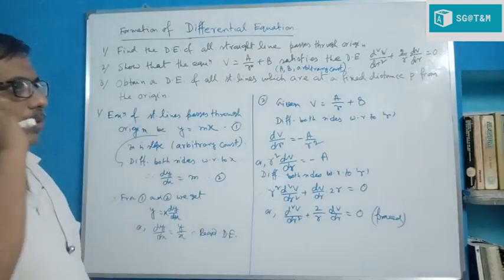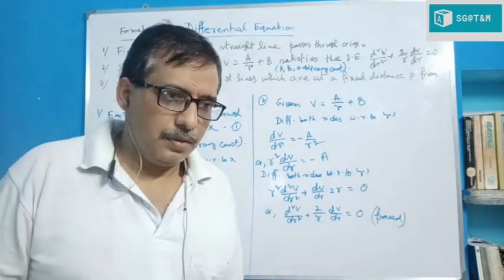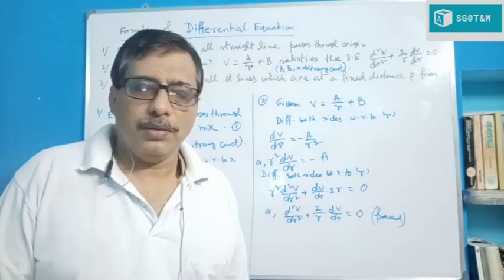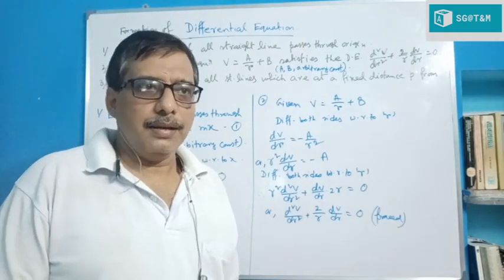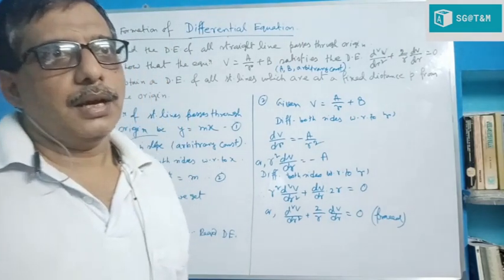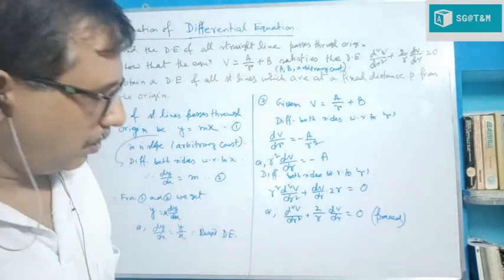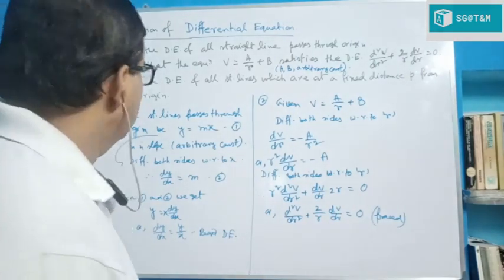The equation of a straight line passing through the origin means the constant term must be 0. If we take the general form ax plus by plus c, here c is 0, so ax plus by is equal to 0. Then we can write y is equal to minus (a/b) x.